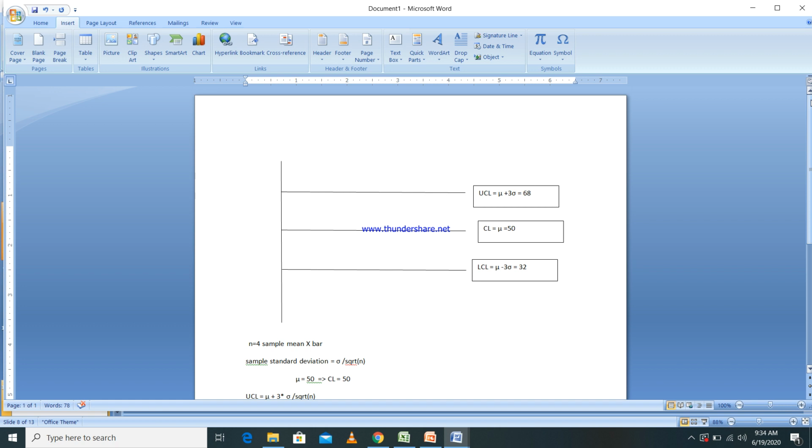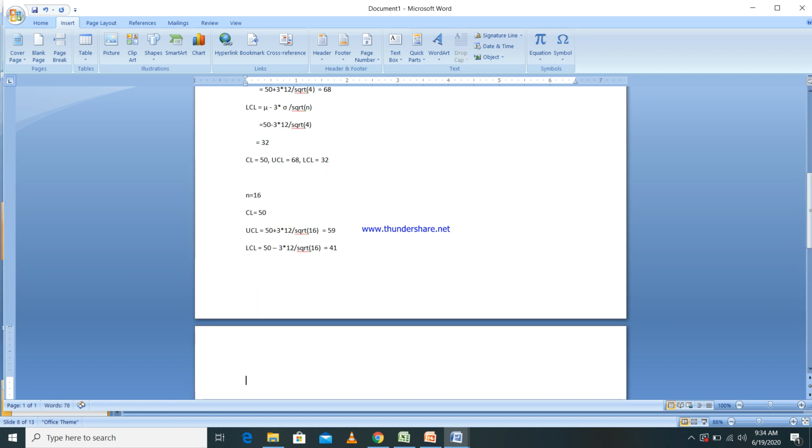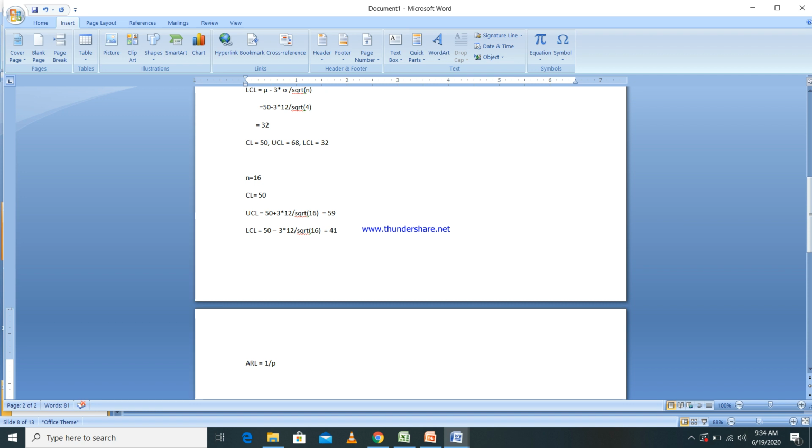So when you calculate ARL, the average run length, this is equal to 1 over P, where P is the probability of getting an out of control signal, or the probability of exceeding any point beyond the control limits, right?